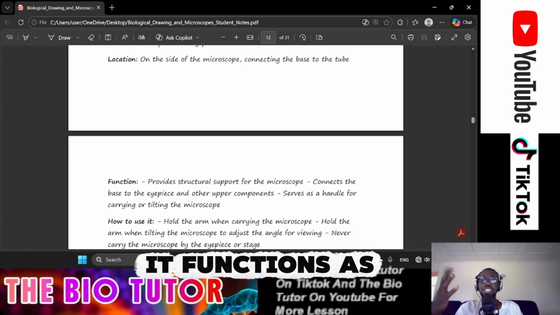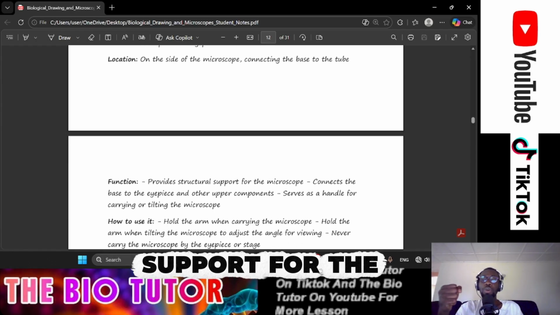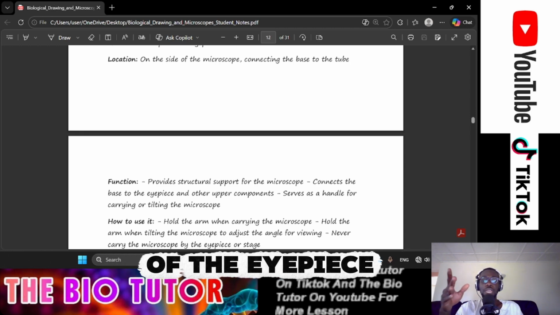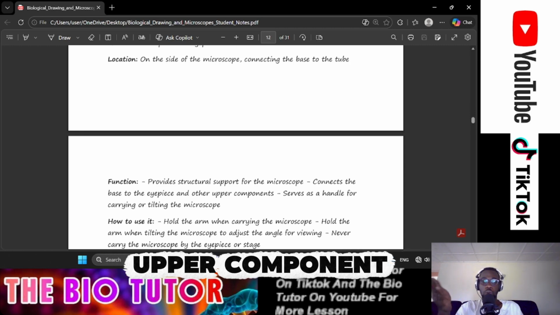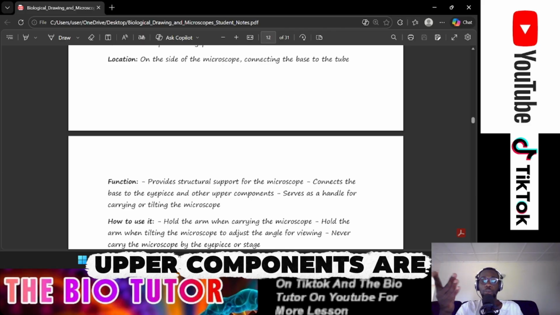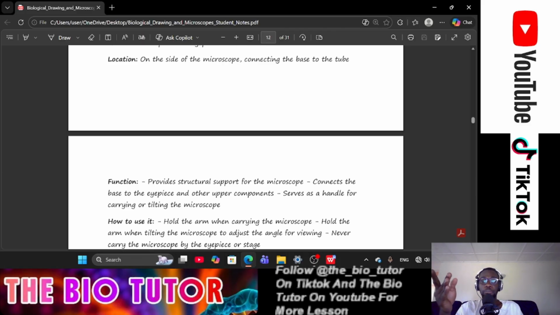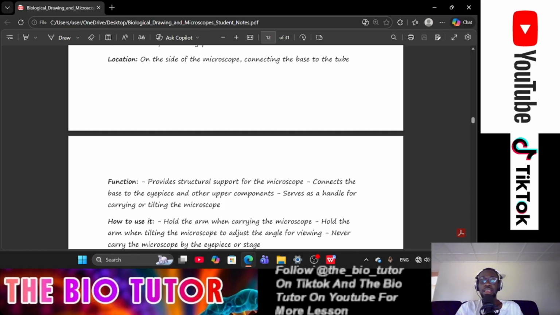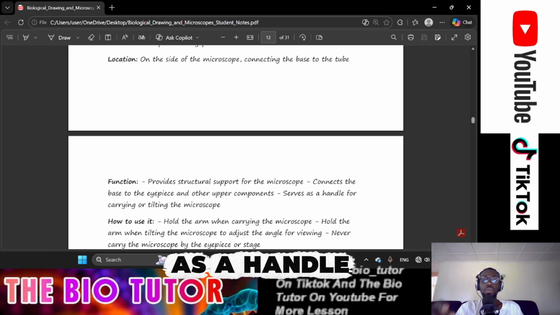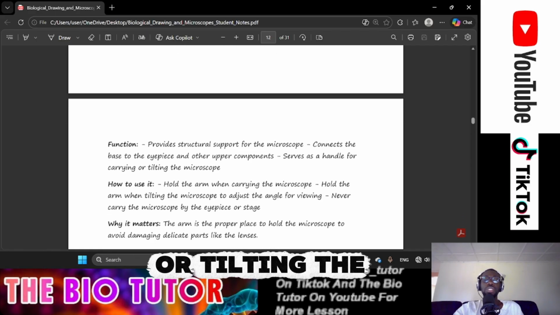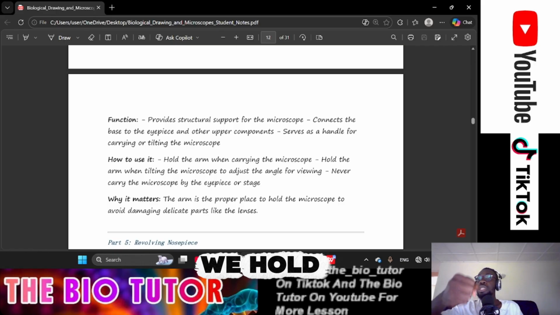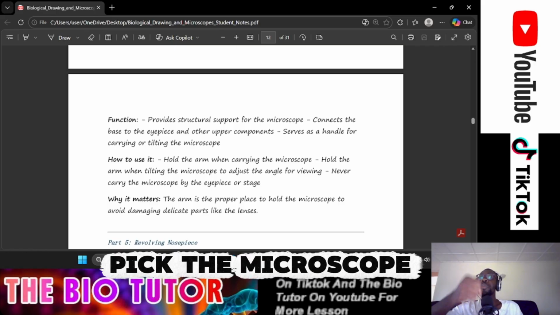It functions to provide structural support for the microscope, connecting the base to the eyepiece and the other upper components, and it serves as a handle for carrying or tilting the microscope. So simply, the arm is what we hold when we want to pick up the microscope.